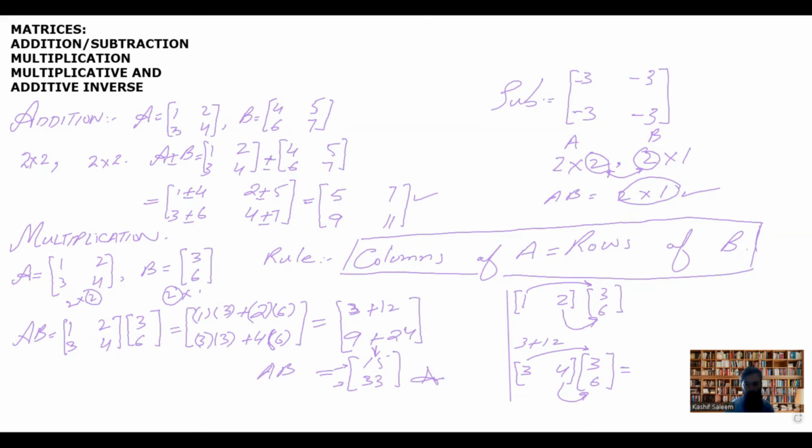So now let's move on to the other example. I will take a 3 by 3 matrix here. So now this is 1, 2, 3, 4, 5, 6, 7, 0, 1. And I want to multiply it by 2, 0, 0, 1, 1, 0.